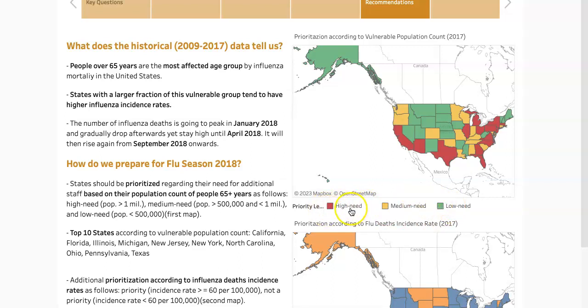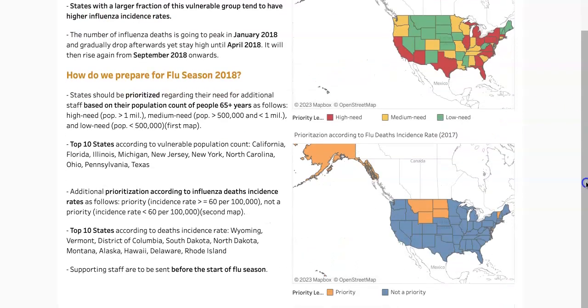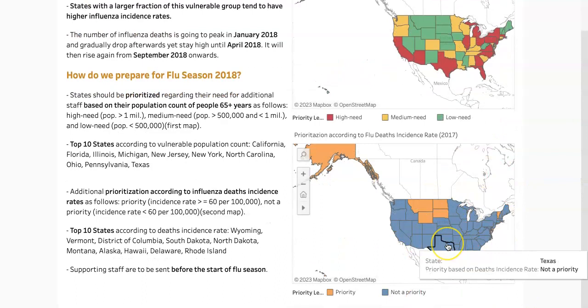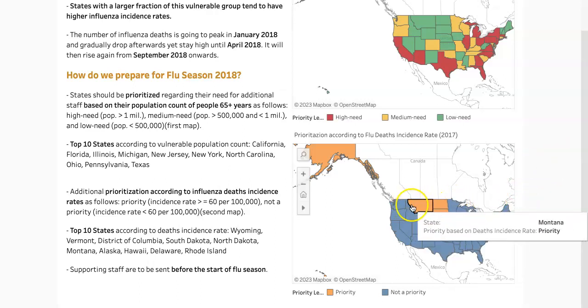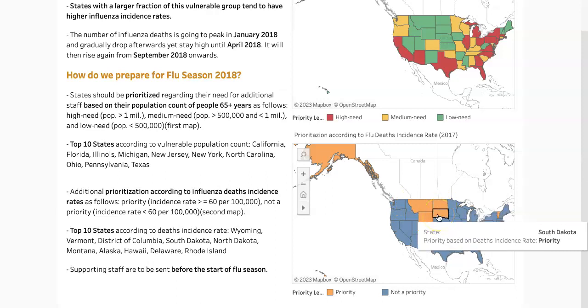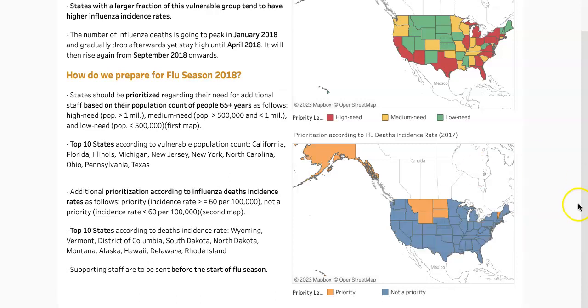High need states are colored in red, such as California, Texas, Florida, and New York. A second map, at the bottom right, categorizes states according to influenza incidence rates instead, showing that states like Montana, Wyoming, North and South Dakota should also be prioritized when receiving additional staff.